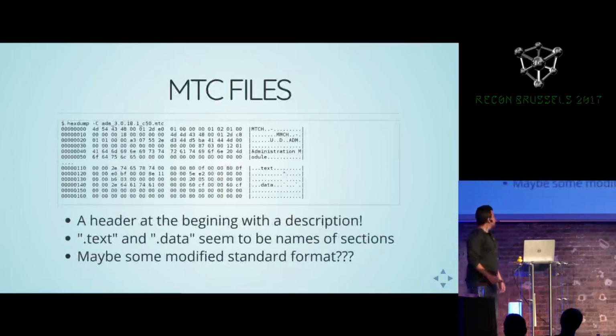If you use hexdump, you can see over here there's something that seems like a magic string, MTC header maybe. There's also a description. And later on, you can see two strings, .text and .data, that seem to be names of sections. So maybe it's a modified standard format, and that's why Binwalk couldn't find out what it is.